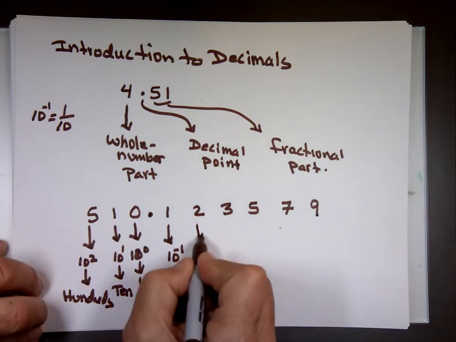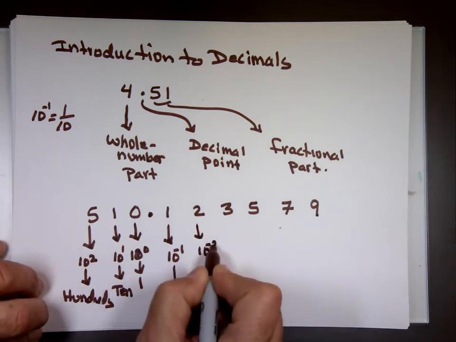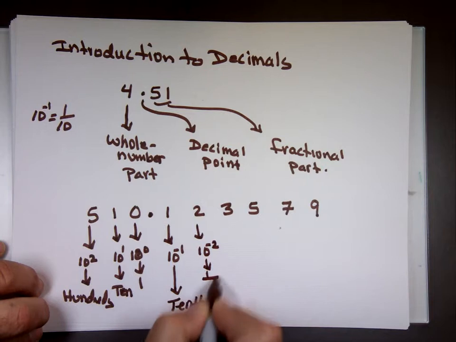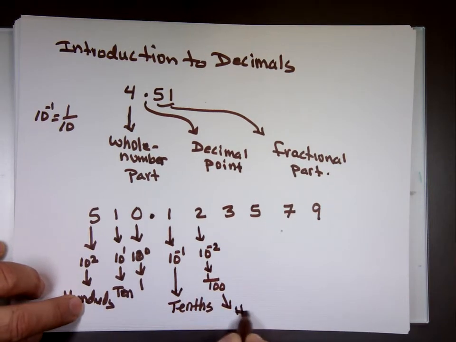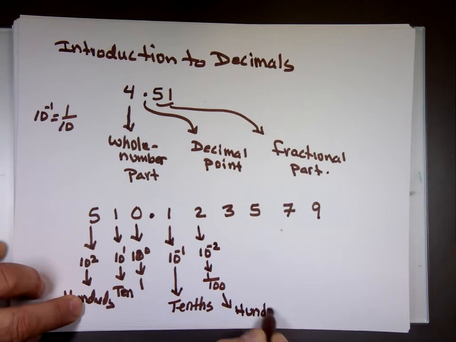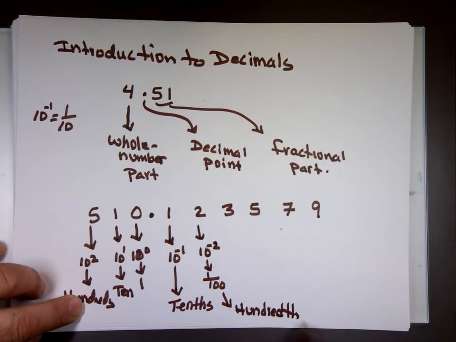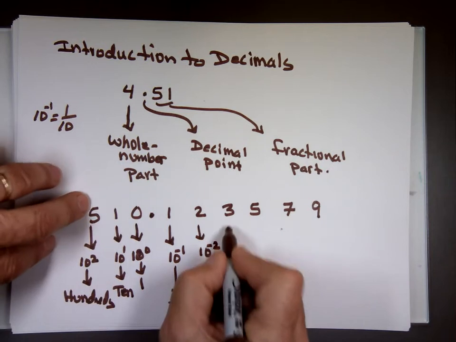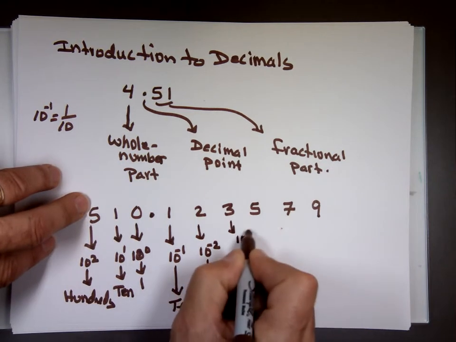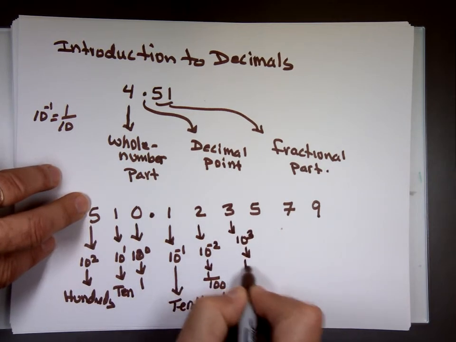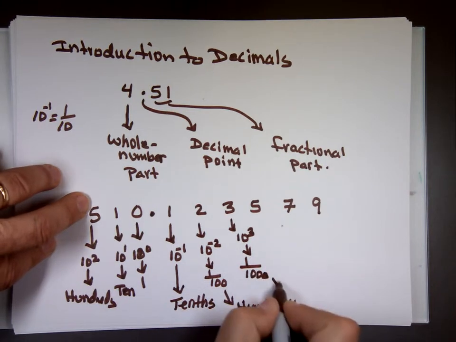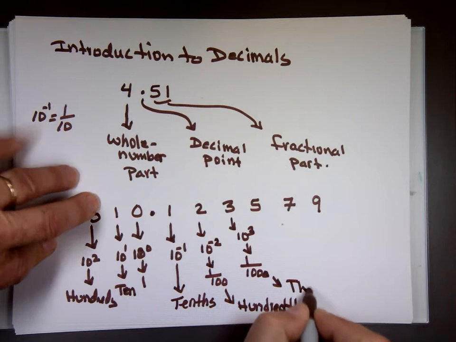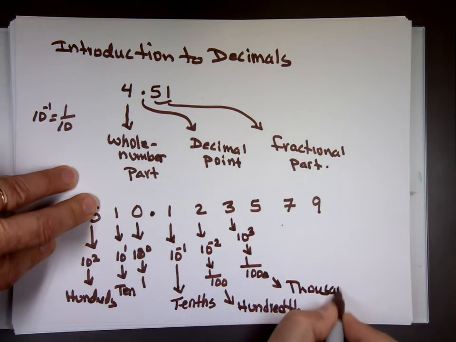The weight of this location is 10 to the minus 2. That's 1 over 100. So this is known as hundredths. This is 10 to the minus 3, which is 1 over 10 to the 3, 1 over 1,000. And this one is thousandth, with the th.